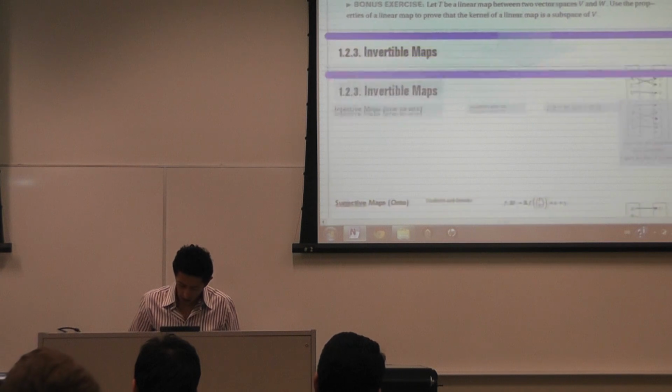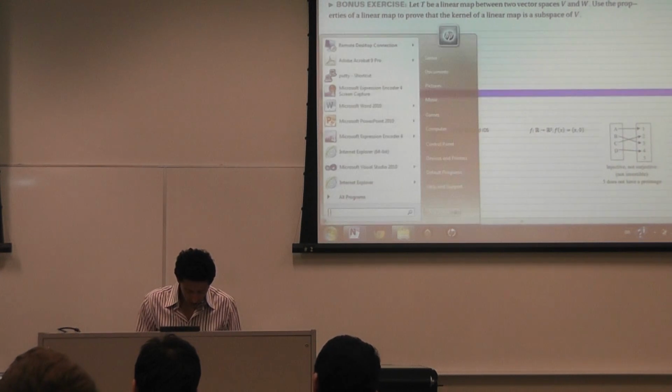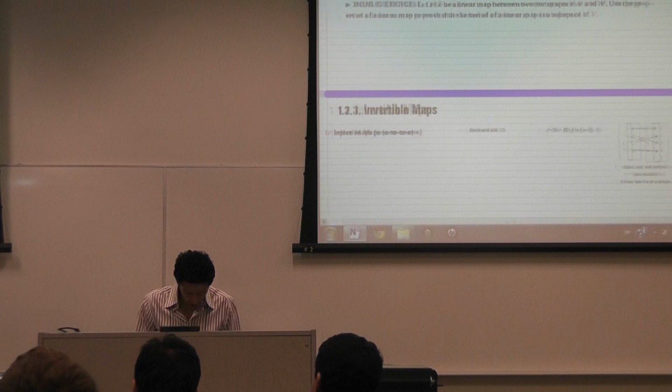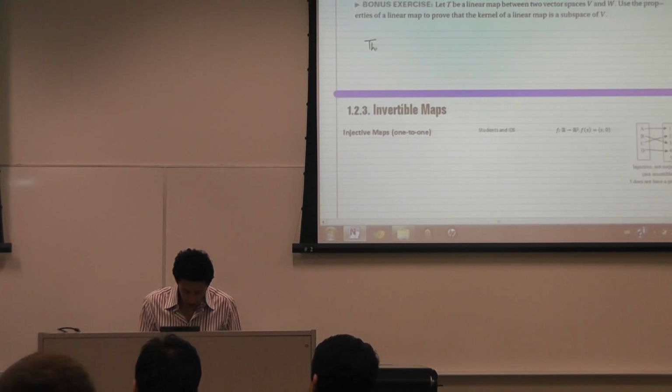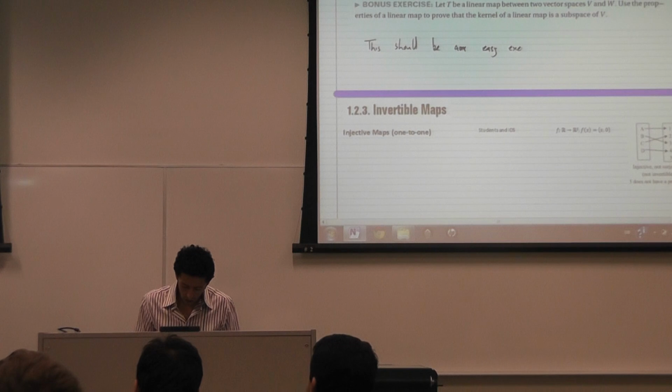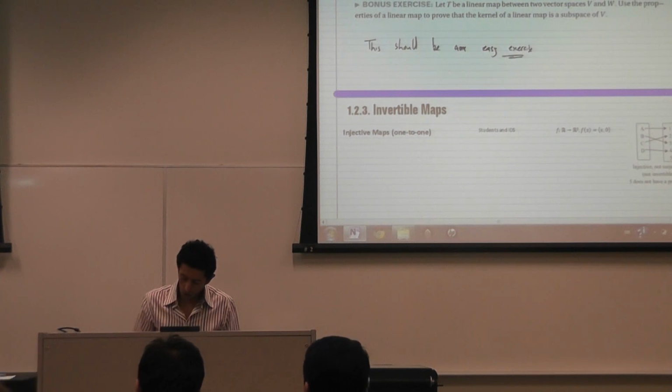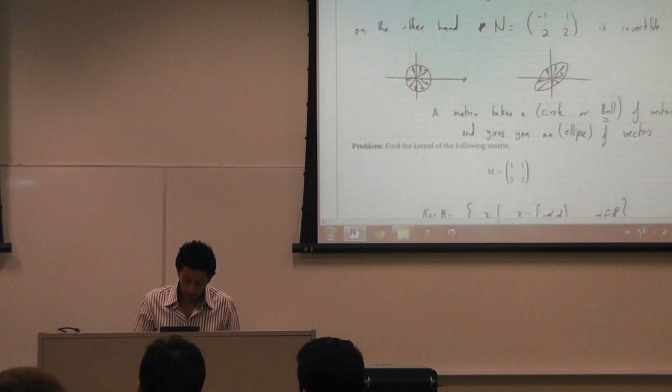This is a bonus exercise, and expect something similar to this. This should be an easy exercise. And to explain what this exercise means, let's go back to the graphical representation of the kernel.